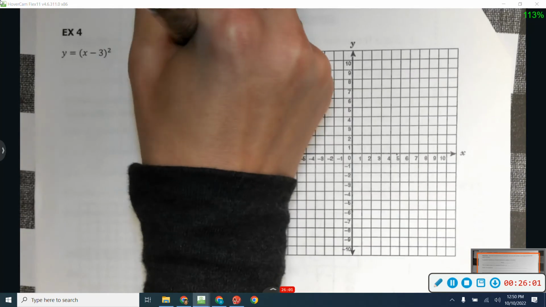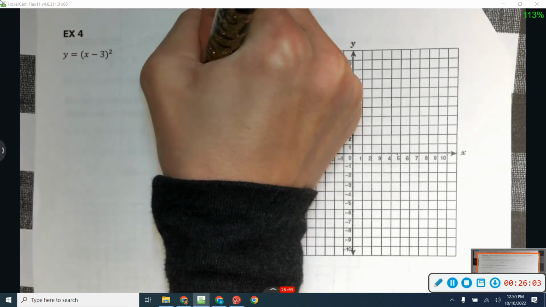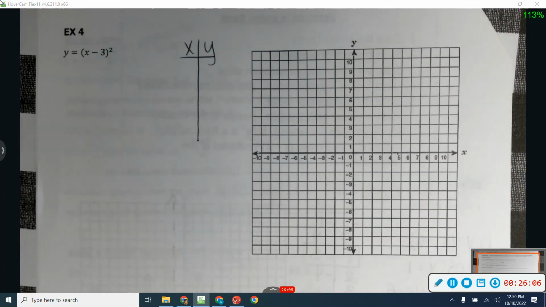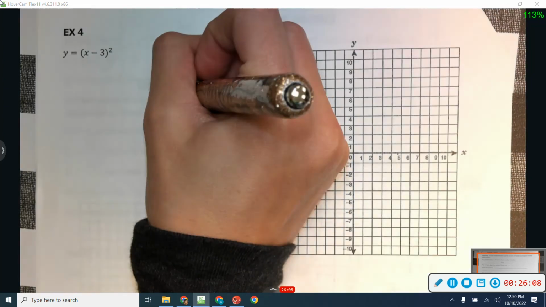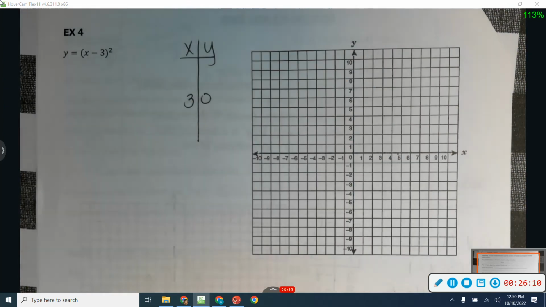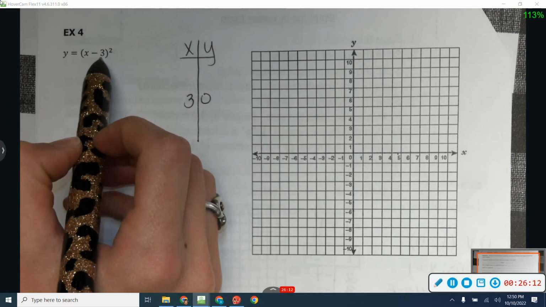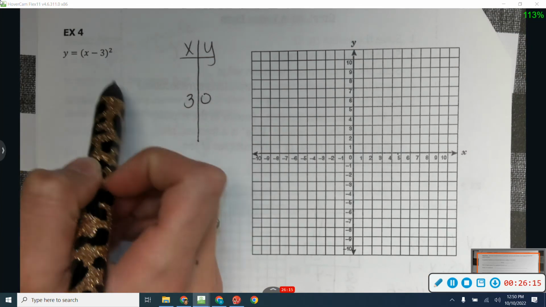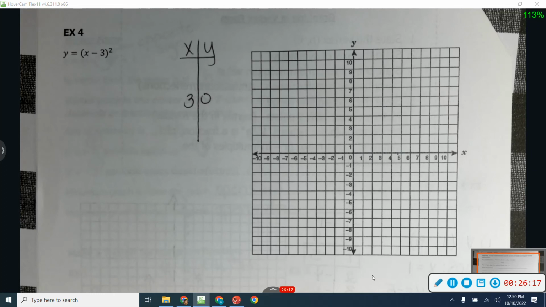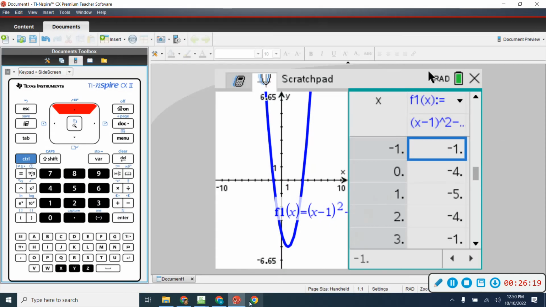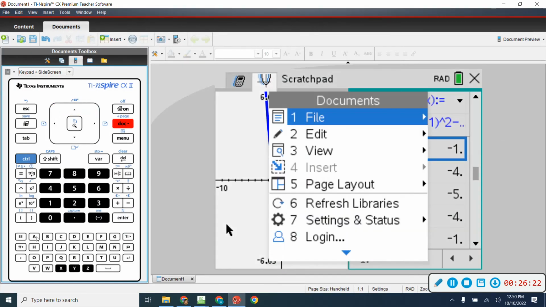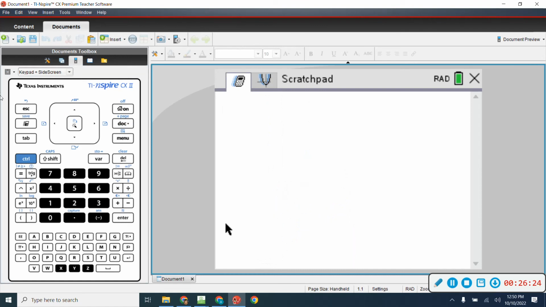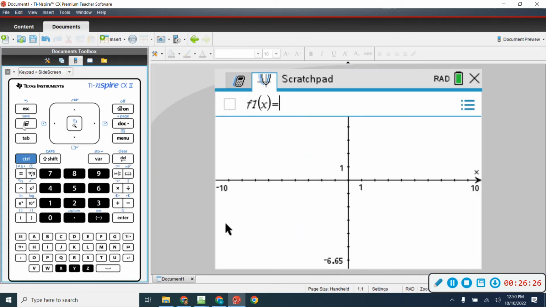Example 4, we start with our table. What's our vertex going to be? 3, 0, because remember it's the opposite sign, because your formula is x minus h, so your h is the opposite sign. Go to the calculator, doc B. Type it in exactly as you see it.